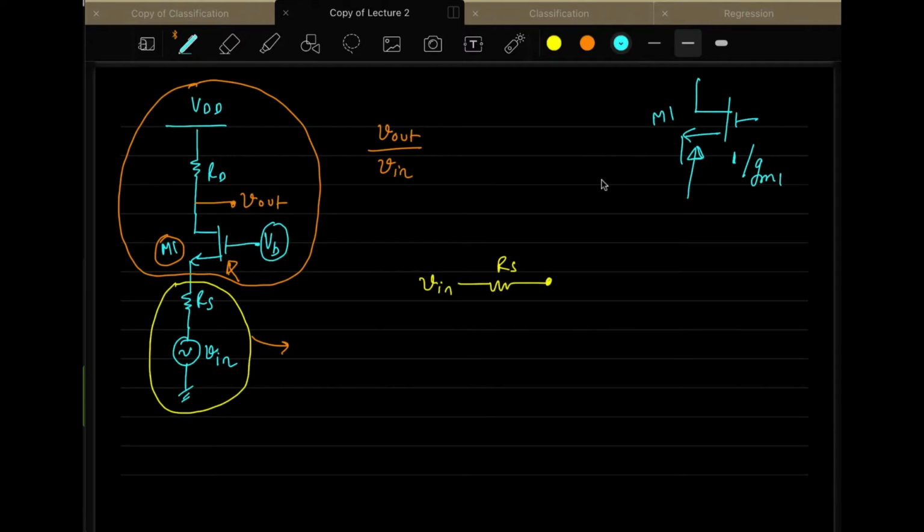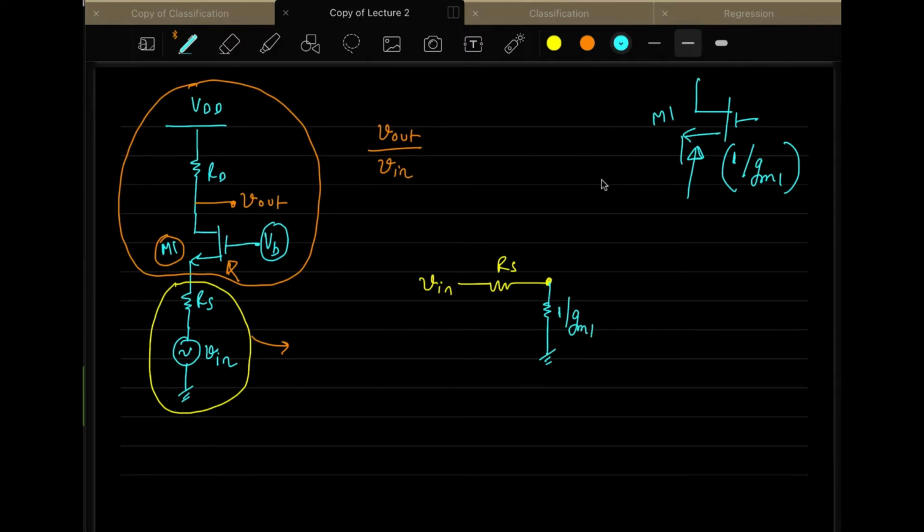This we have already discussed and derived many times. You can also derive it, and I think you must be agreeing on this. So when you look into the source of M1, the resistance offered is 1 over gm1. So that you can write over here. So this is your 1 over gm1.